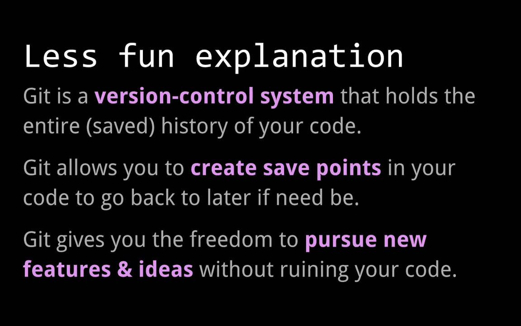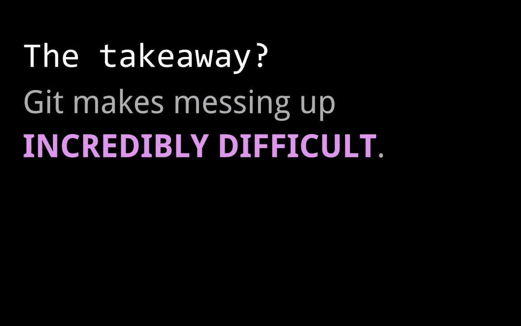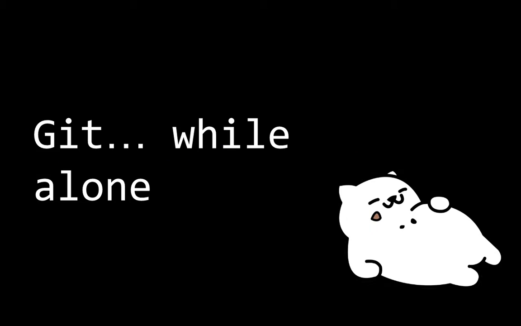For this reason, Git is a great tool for collaboration, but I'll cover more on that later. The takeaway? All in all, Git is created in order to make utterly trashing a codebase very, very difficult. Thus, using Git is to your advantage as a programmer once you get a bit more familiar with it.